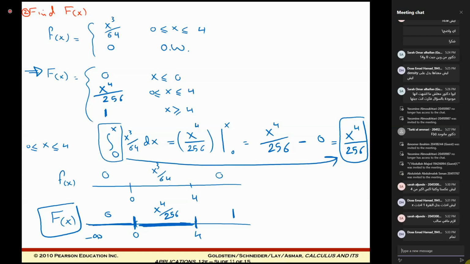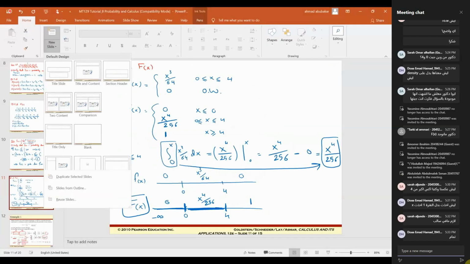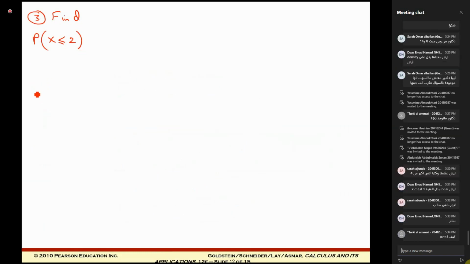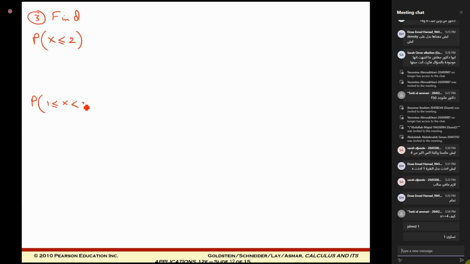اوكي، ممكن اسأل سؤال اخر، انه find the area, find the probability. يعني number 3 find for example P of x less than or equal to, or find the P from 1 to 3.